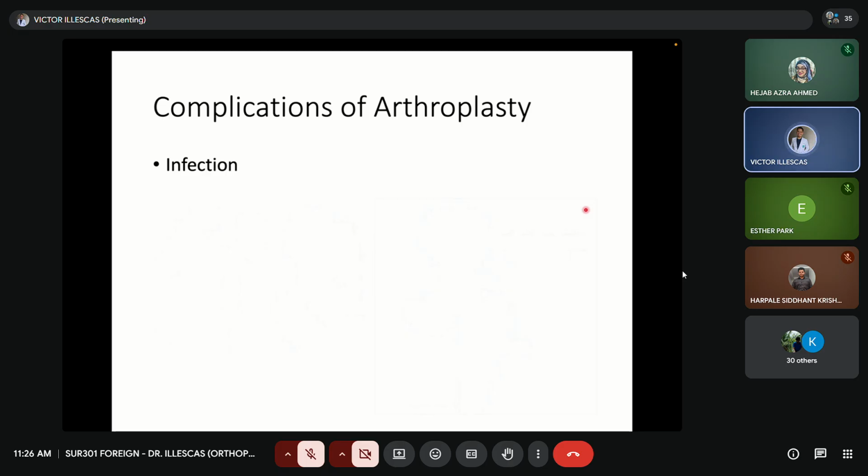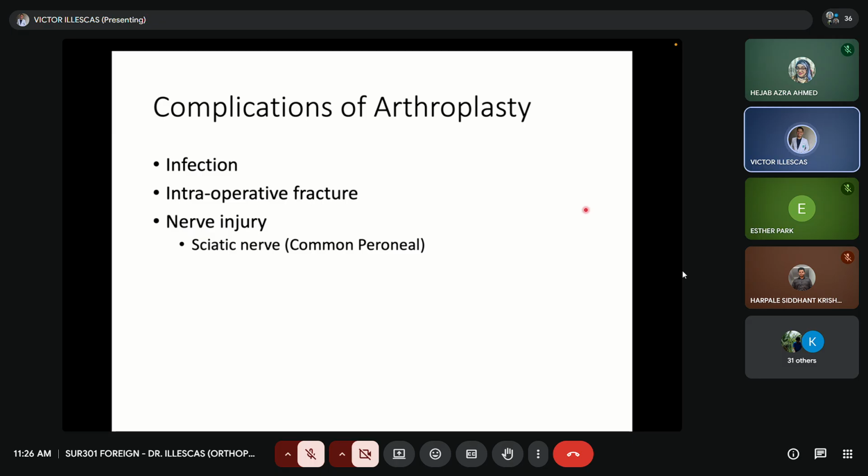How about the complications with joint replacement? One is infection. Any implant that you place inside the body may lead to infection. It may also lead to intraoperative fractures, especially if the implant placed is too big for the bone. May also lead to nerve injury, especially with dissection of the area, which is very close to the sciatic nerve.